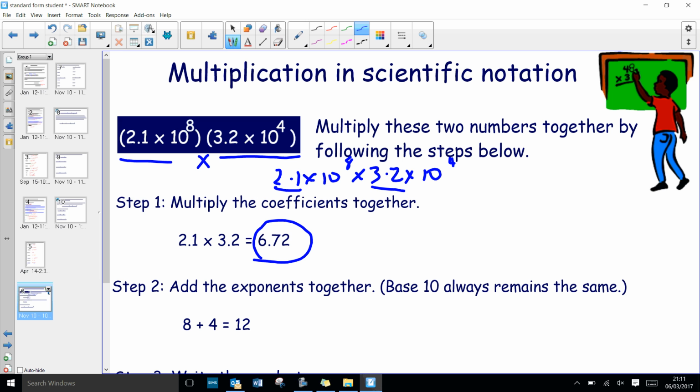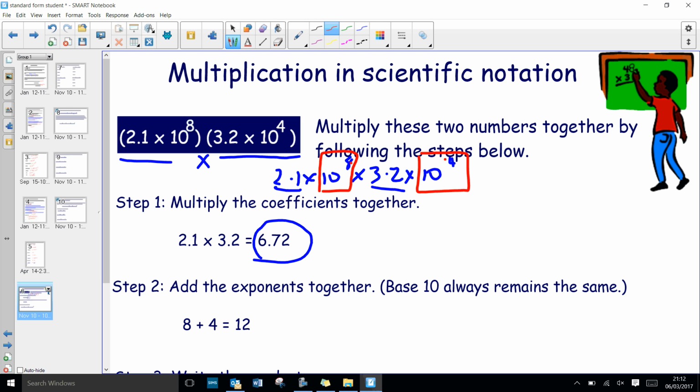Now, for our powers of 10, there's a special rule. When we have the same base, and we know that 10 is our base here, if we are multiplying two numbers with the same base, what we can do is take a shortcut and we can add our powers together and keep the same base.